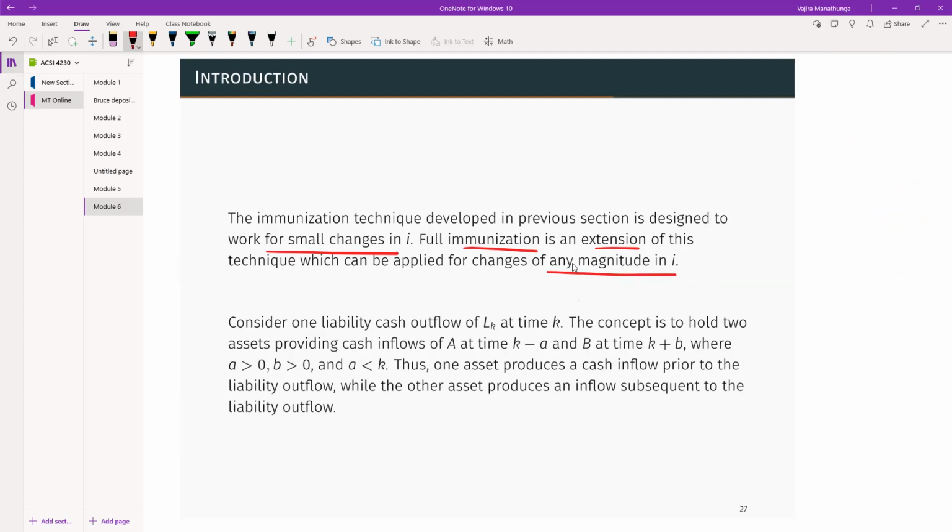So the idea is basically, in order to make sure this is going to work, we need two types of assets per liability. This section explains that. What that means basically, if you have a liability here, then you sandwich it using two assets.